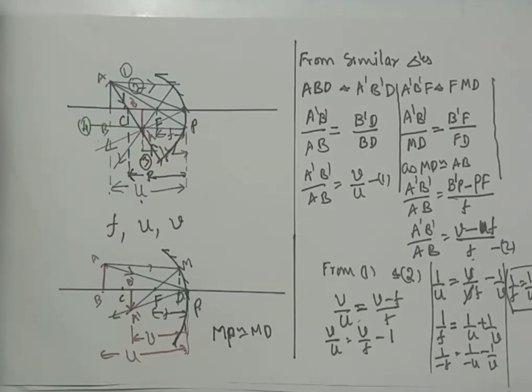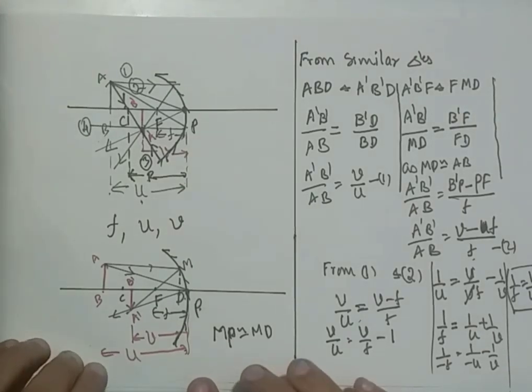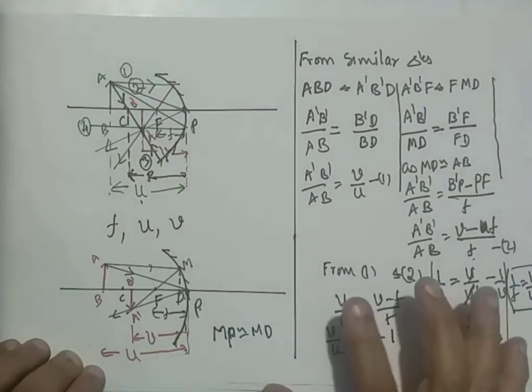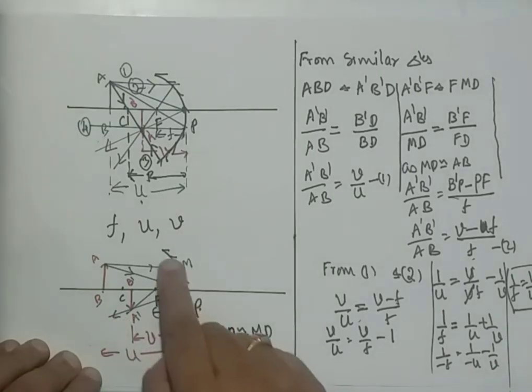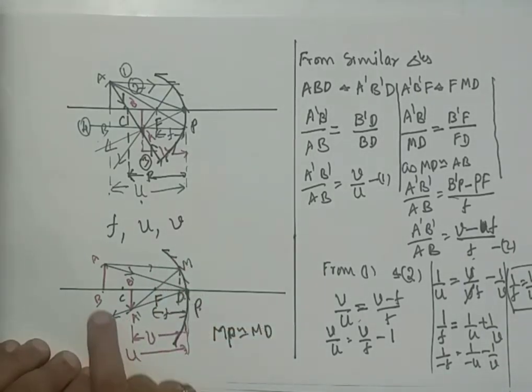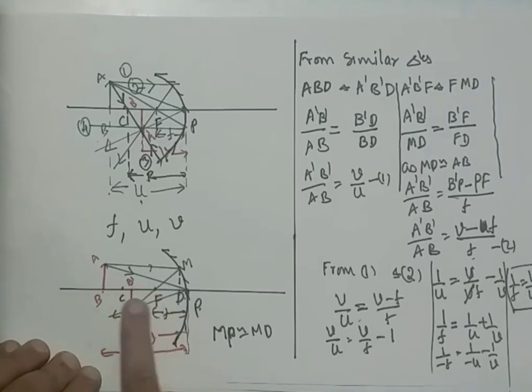Now, in this figure, we just go through the figure once again and then complete the derivation once again. Just observe in this figure. I have drawn a concave mirror first and an object AB, marking C and F. Now, how we have drawn the diagram is, A to M, we have drawn a parallel beam of light ray which passes through focus after reflection.